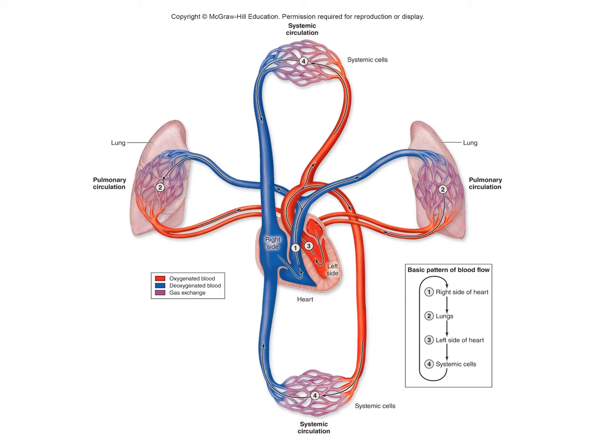Okay, here again is a picture of that circulation. So here is the right side of the heart. From the right ventricle here, we are going to send out two pulmonary arteries.